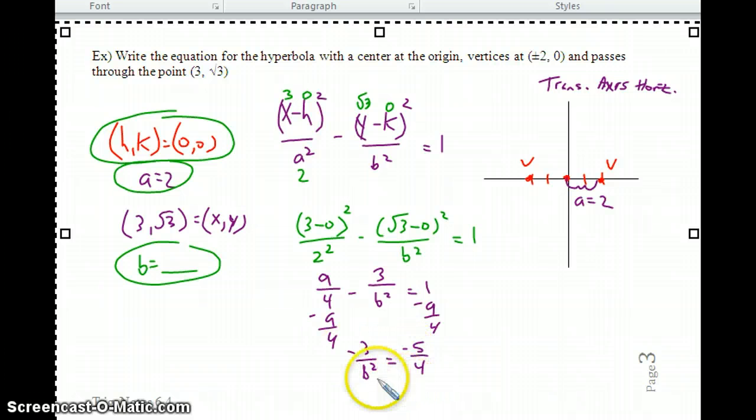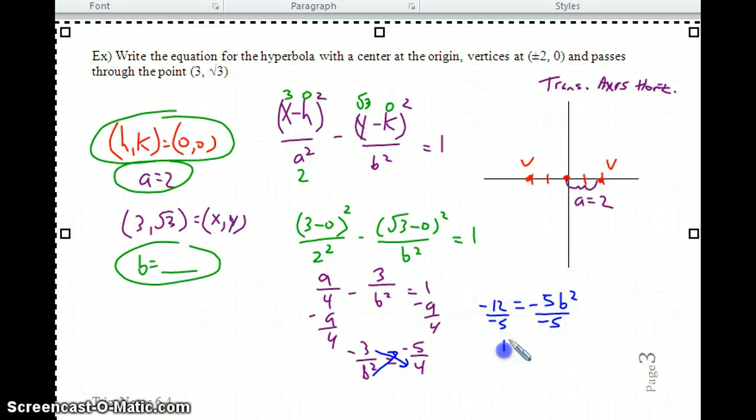A couple ways I can solve this. I know that it's 2 fractions that are equal to each other, so I can cross multiply. Or I can multiply both sides by b and move things over. I'm going to choose the cross multiply method. So negative 12 equals negative 5b squared.